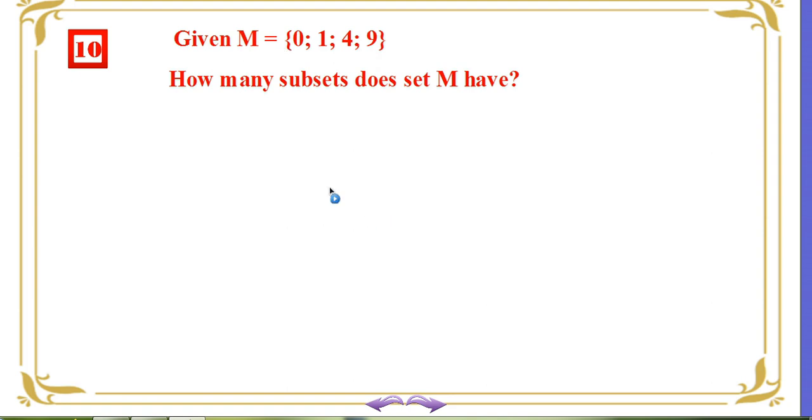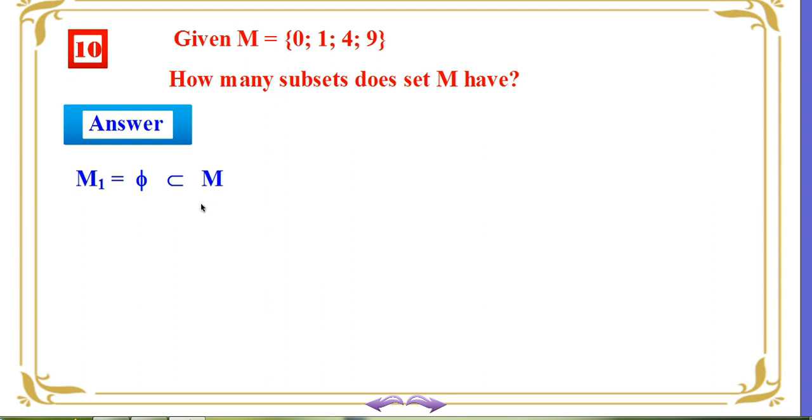Note that the empty set is a subset of all other sets, so it is also a subset of the set M. We will now write the subsets of the set M in turn. Carefully, the empty set first. Then the sets with 1 element.